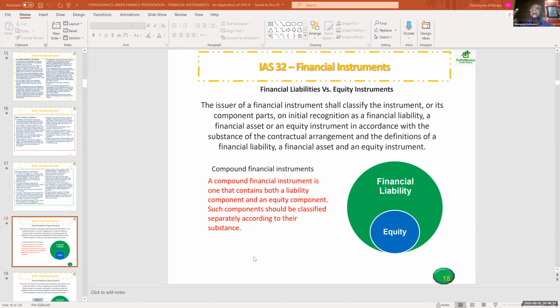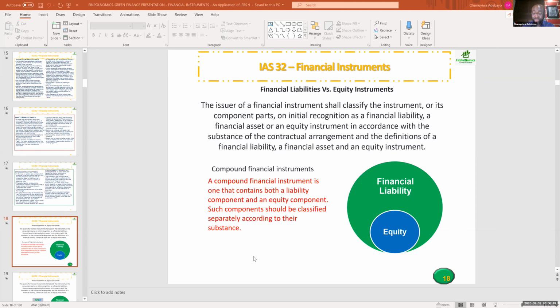Upon initial recognition, we need to split the financial liability component out so that what is left as residue is the equity component, and we have to recognize that in our financial statements. Now, to do that, there's a methodology to it, and I'll take you through the methodology.